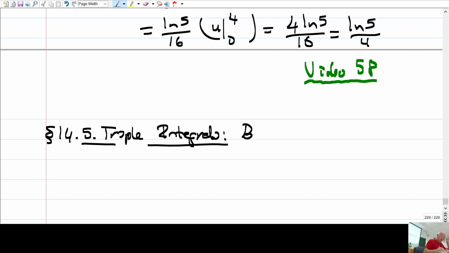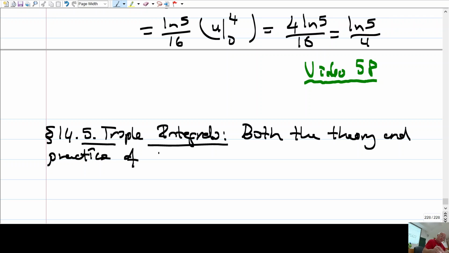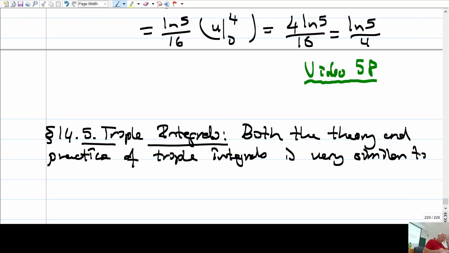Both the theory and practice of triple integrals is very similar to those of double integrals.